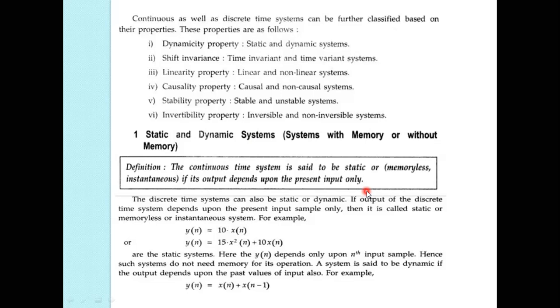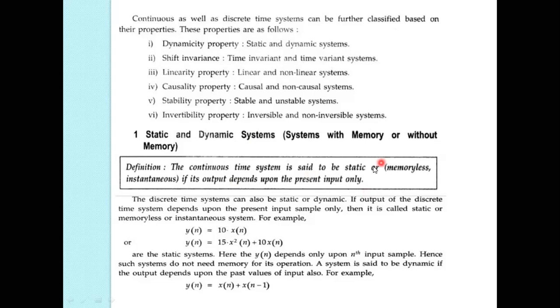Remember, my dear students, it's very, very important. What does static mean? The continuous time system is said to be static, or memoryless or instantaneous, if its output depends upon the present input only.